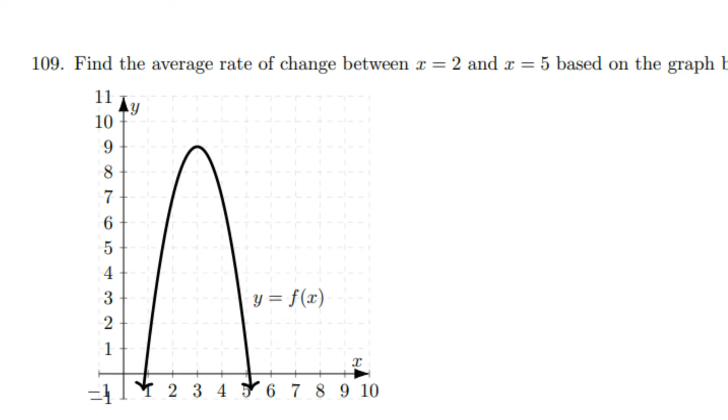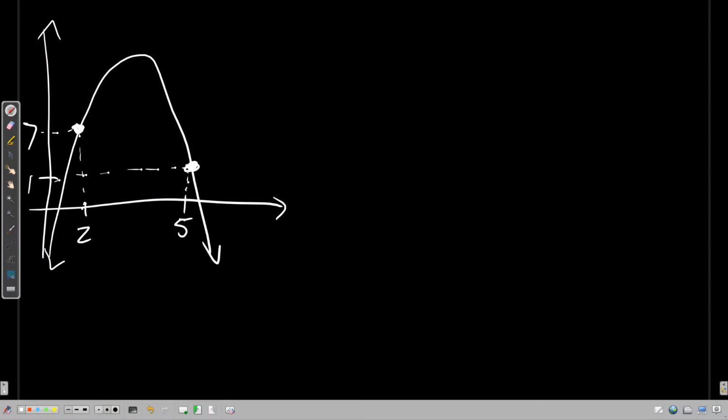And it looks like when x is 2, we are getting a y value of 7. And when x is 5, I want to say that it's 1. Let us say that it's 1.